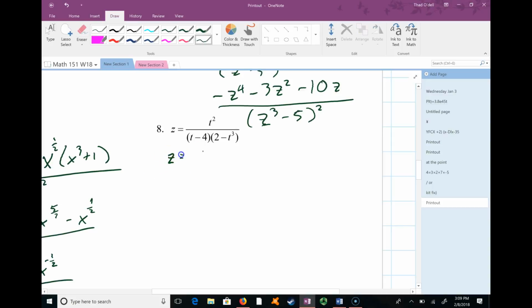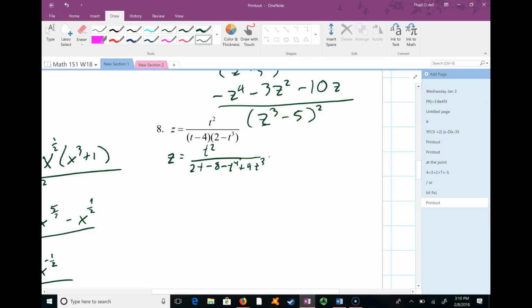So z is equal to t squared over, that'd be 2t minus 8 minus t to the 4th plus 4t cubed.